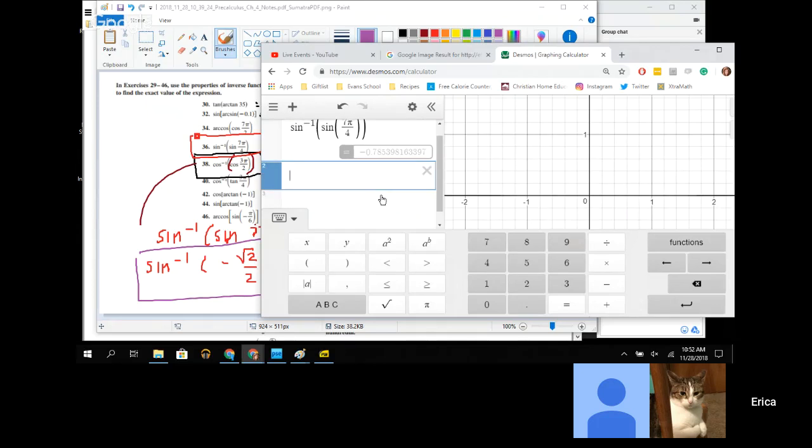So that's not 7 pi divided by 4, right? That's a big number. It is negative pi over 4. So it's kind of like this game of figuring out what is it, and then where does it land on my graph?